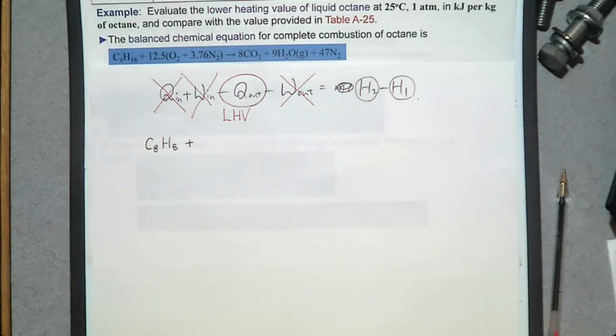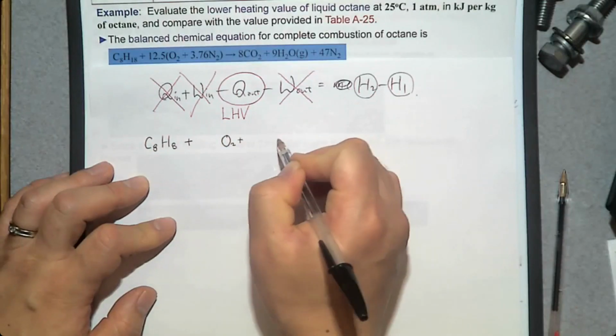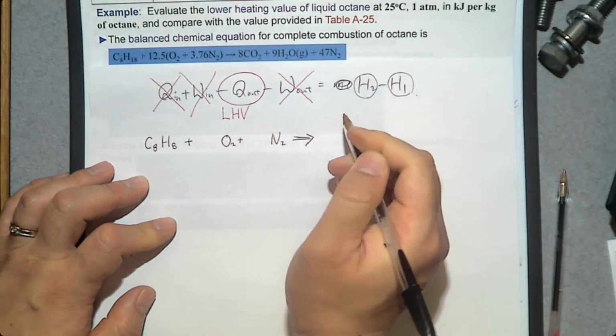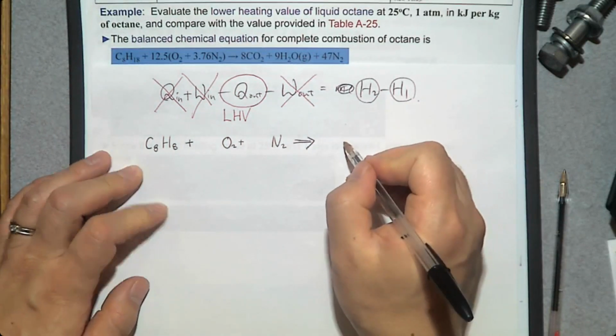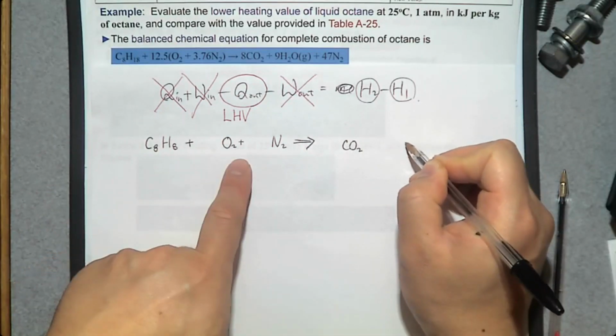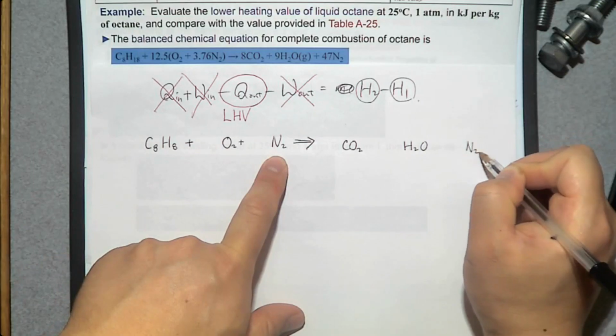Oxygen and nitrogen. Then if you assume that this is a complete combustion, what can we create? Carbon becomes carbon dioxide. Hydrogen becomes water. And what about nitrogen? Oh, it's not going to react, right?